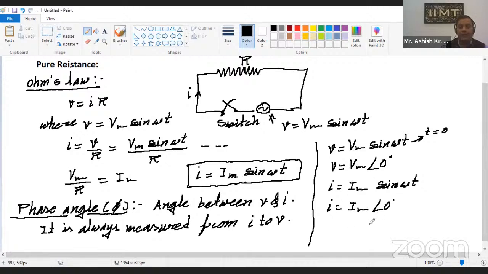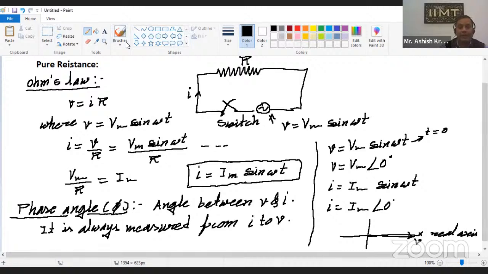By plotting the phasor diagram, this is the x-axis and y-axis, and we always measure an angle from the real axis, or we can say the x-axis. Here the angle subtended by voltage is 0, so voltage is lying along the x-axis, and this angle is 0.